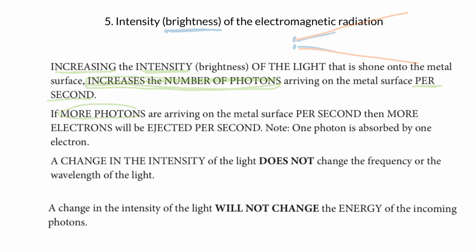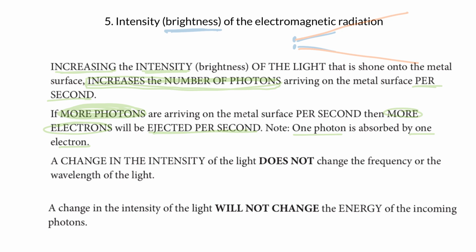If we have more photons per second, then more electrons will be ejected per second. So one photon is absorbed by one electron. So every photon is going to give me another electron. So if I have more photons, then I'm definitely going to get more electrons.